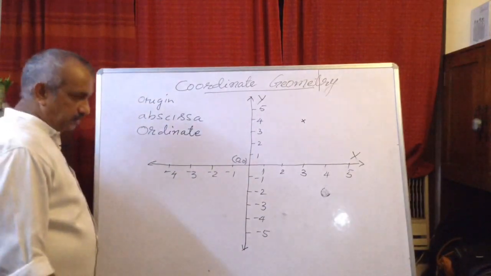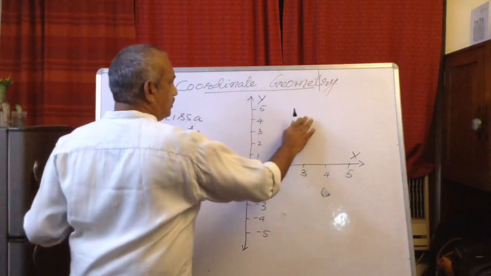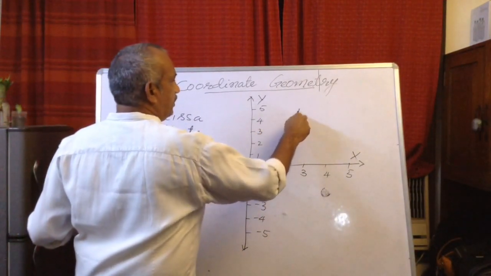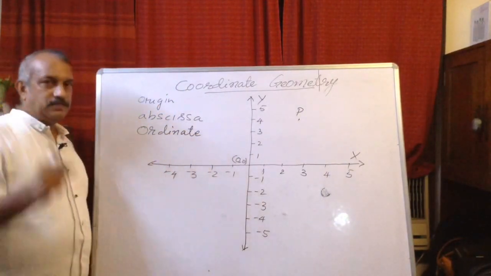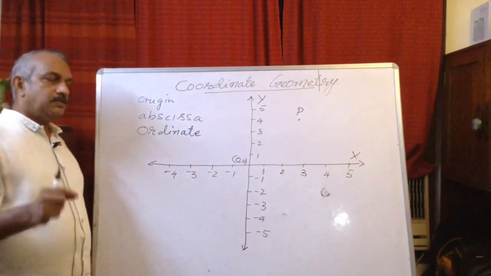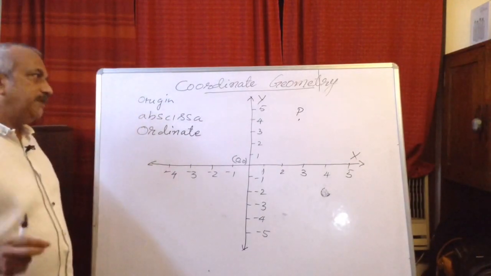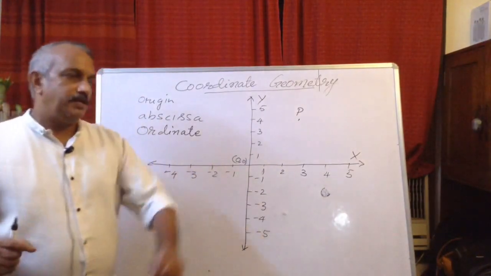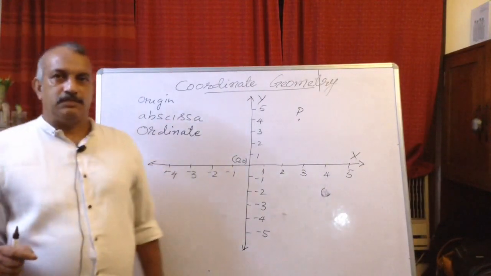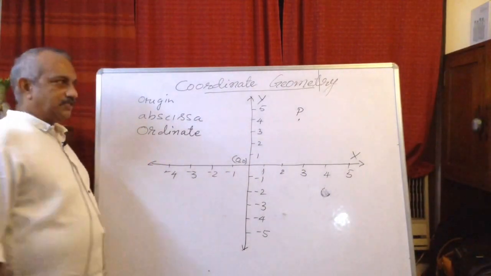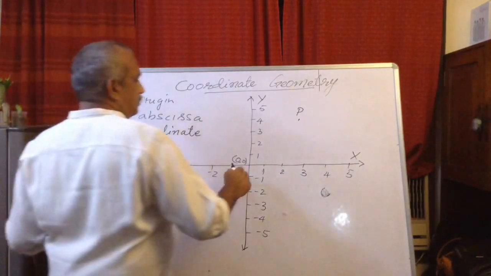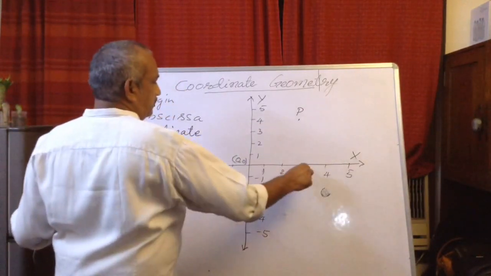Suppose a point is always marked by using a capital letter, say P. Now when we write the coordinates of a point, we cannot every time write that the x-coordinate is this and the y-coordinate is this. So what we do is always write the x-coordinate first and the y-coordinate second. What is the x-coordinate?